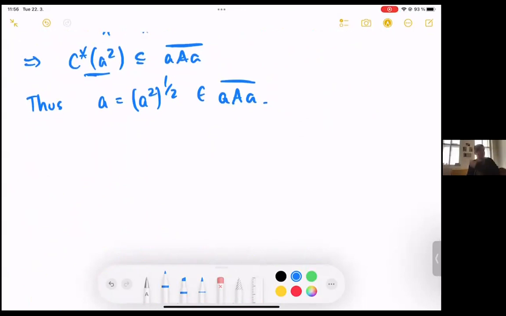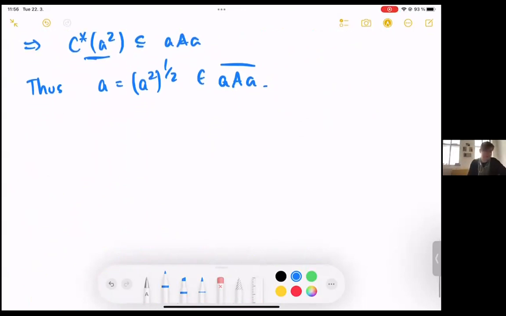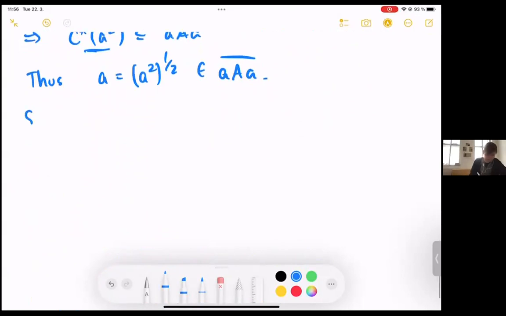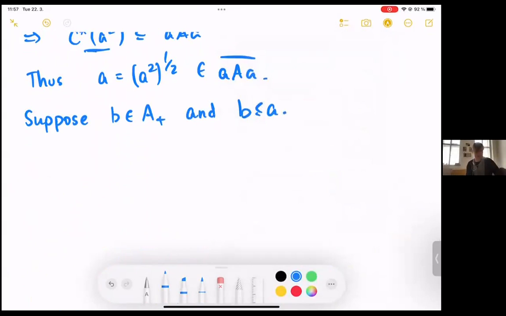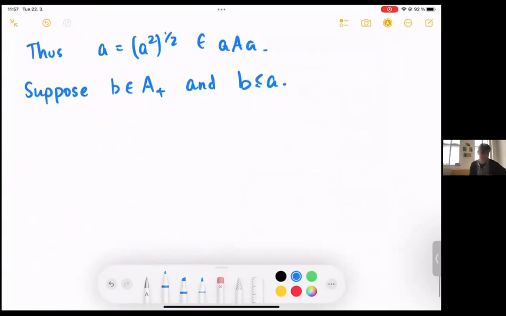Now let's see that it's hereditary. So if B is smaller than A, then we saw, well, actually, I don't know if we did see this, but B to the half is less than A to the half. Did that get covered? Maybe not.